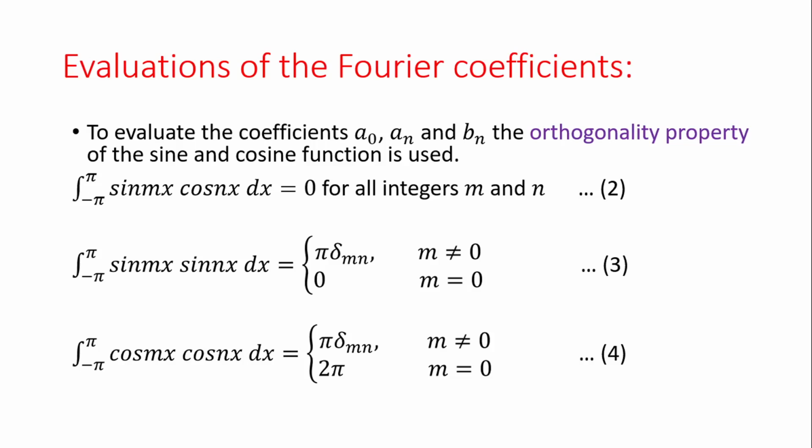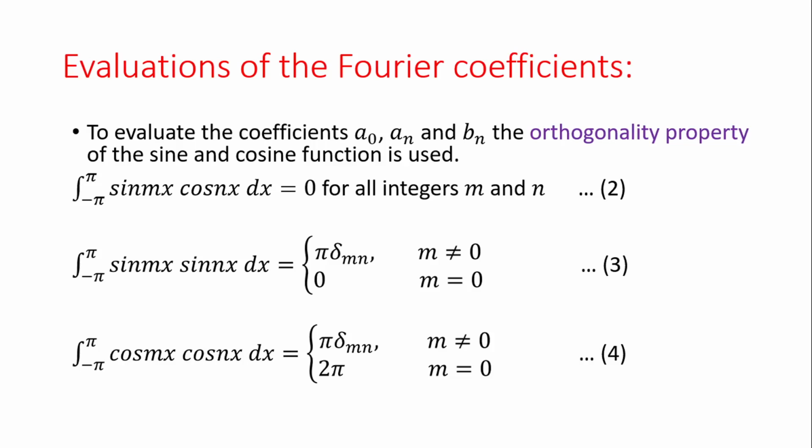And the third one, minus pi to plus pi cos mx cos nx dx, can take two values: 2 pi when m is equal to 0 and pi into delta when m is not equal to 0. So these three properties we use to evaluate the Fourier coefficients, and how this can be used and the values of Fourier coefficients a0, an and bn are obtained. Let us see.